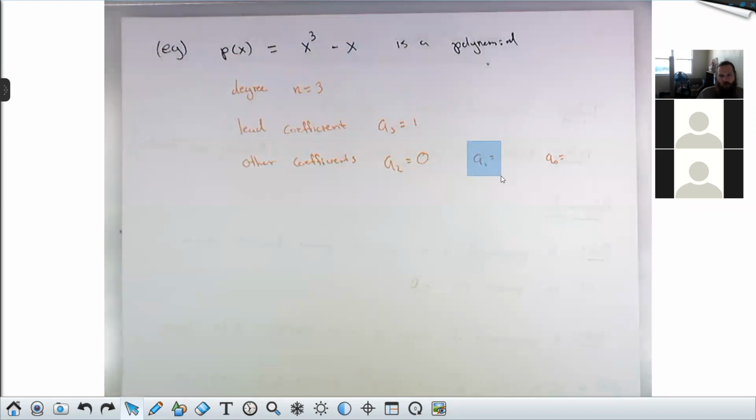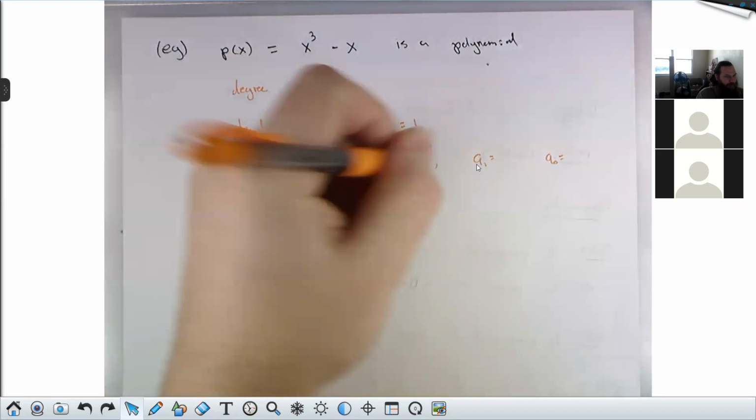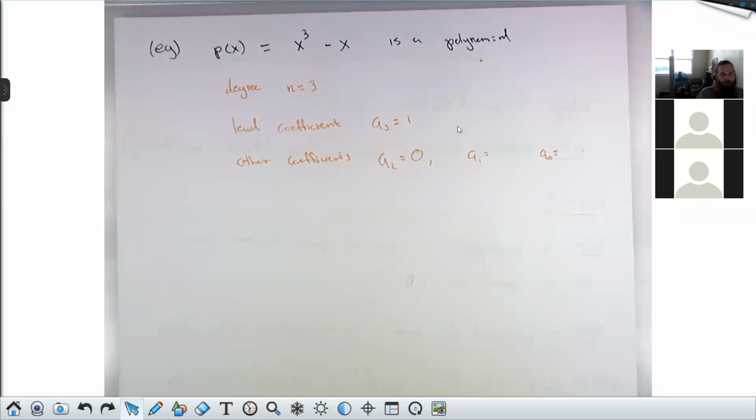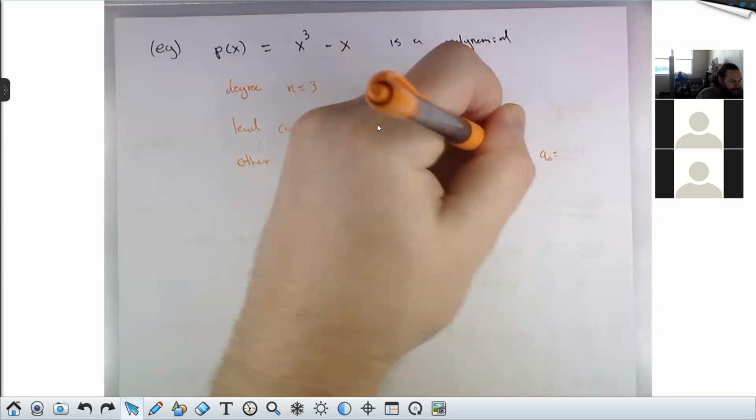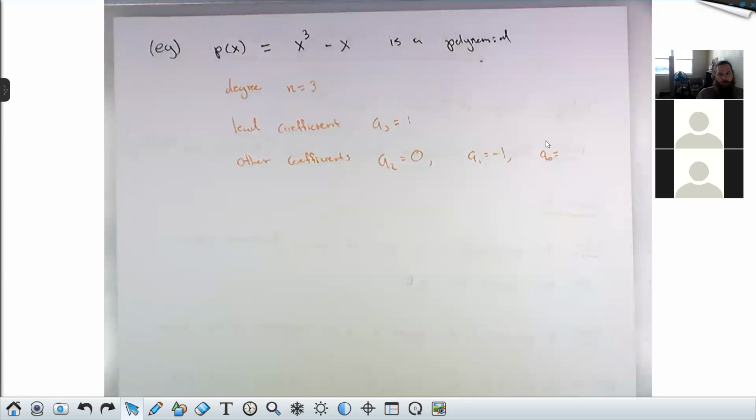So what is A1? Very good, Andrew. Yeah, well, actually, let's be a little bit more careful. So A1 should be the coefficient of x to the 1. Here's the x to the 1 term. Yeah, -1, right? Very good. Okay, and then the other tricky one here, what's the constant term, A0?